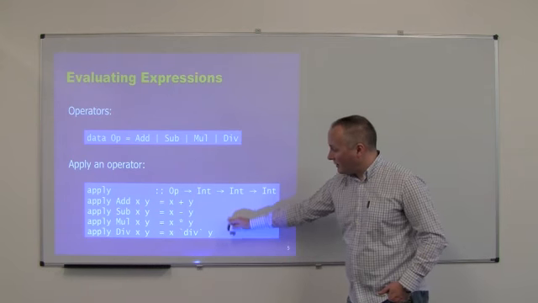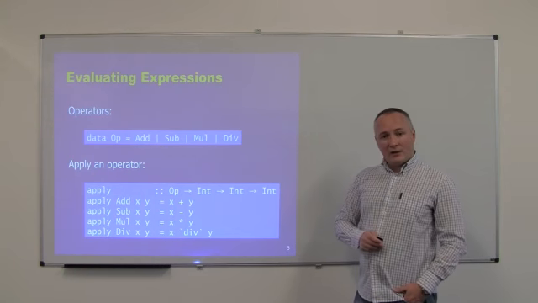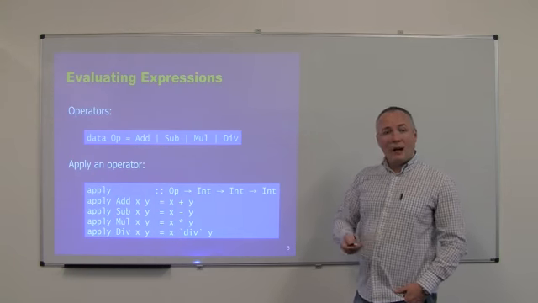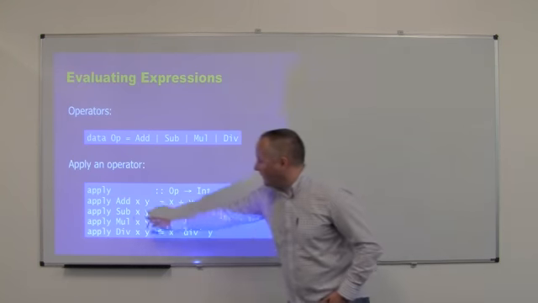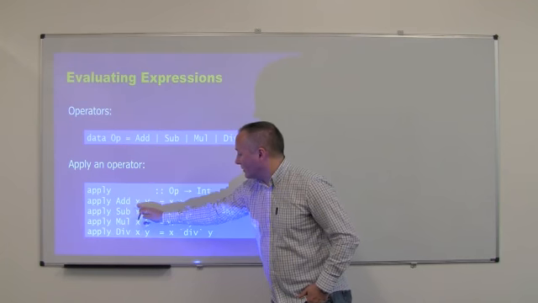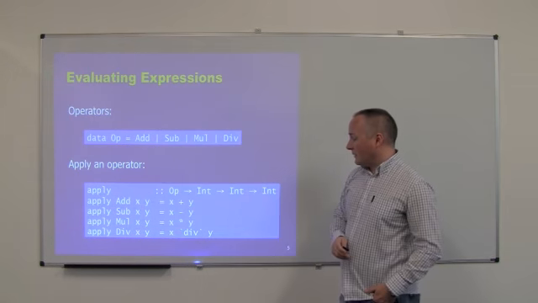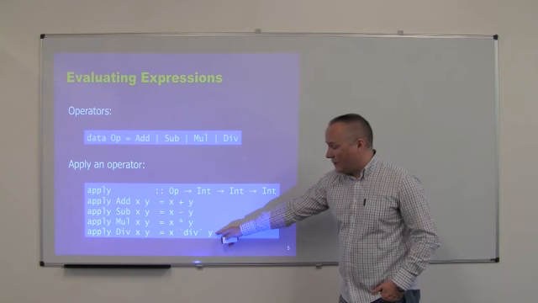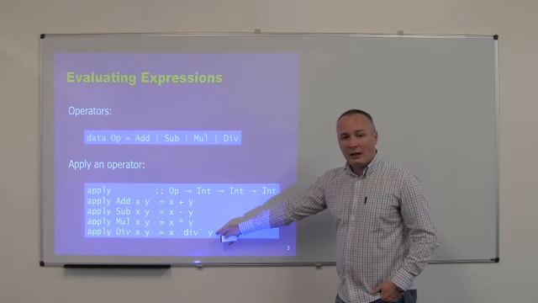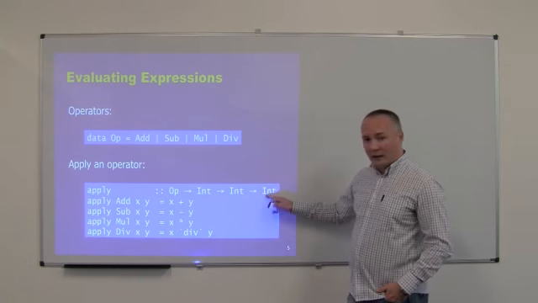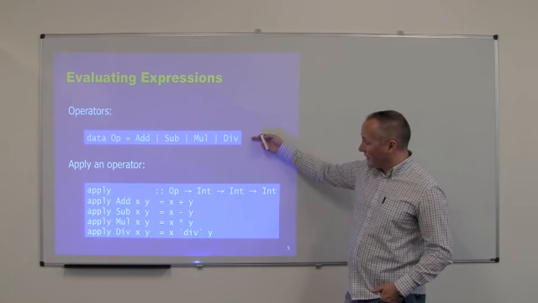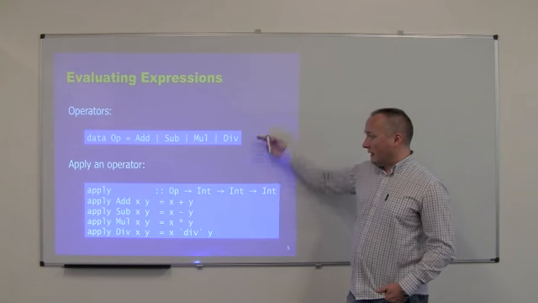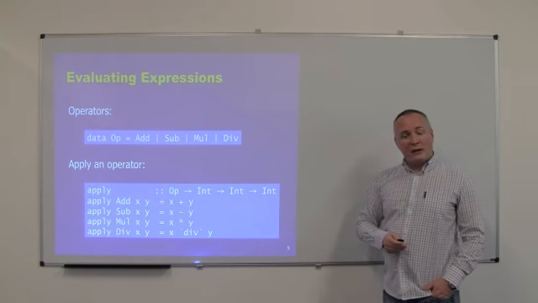We just have 4 equations, 1 for each of the different possibilities of an operator which we can have, and we just do the appropriate thing. So for example, in the case of add, if we apply the add operator to a number x and y, we just return x plus y. And note that here in the division case, we're using integer division to ensure that we actually get an integer as the output.